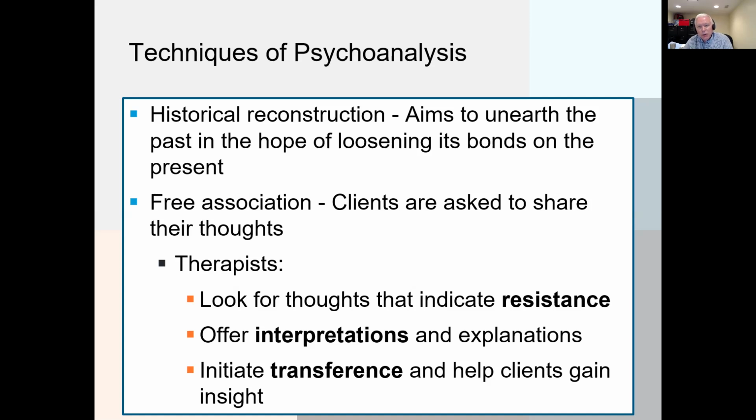Let's say, for example, that a patient was in therapy and they didn't have a very good relationship with their own father, and they couldn't really talk with their father about some important things that had happened in the past that they wished they could talk about so that they could get on a better footing.